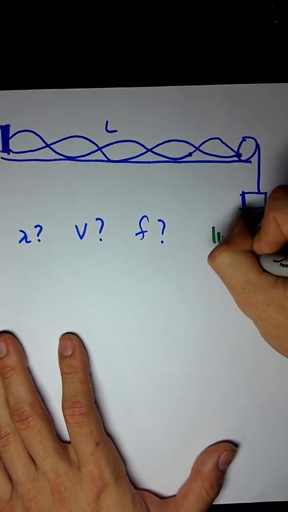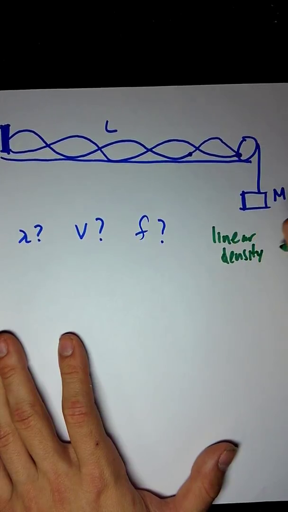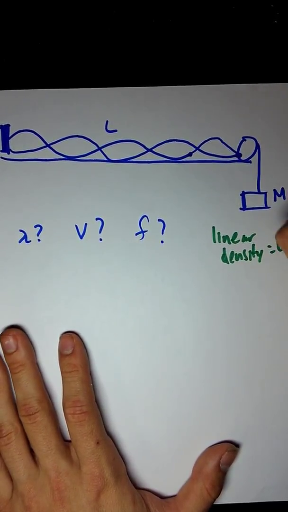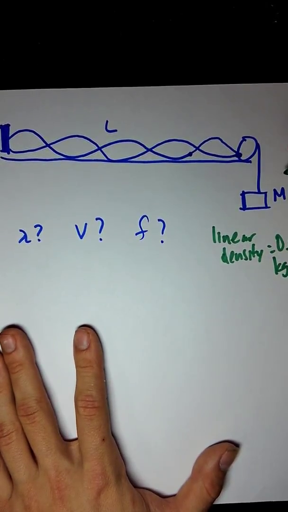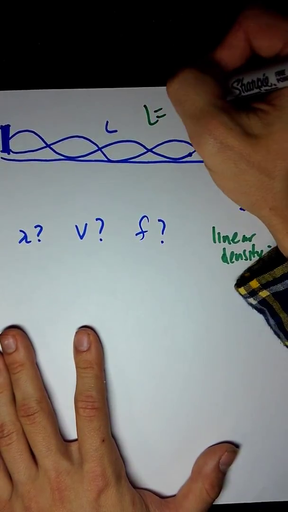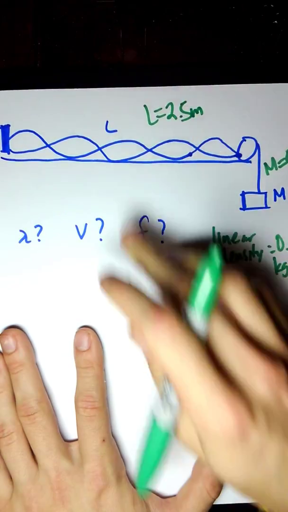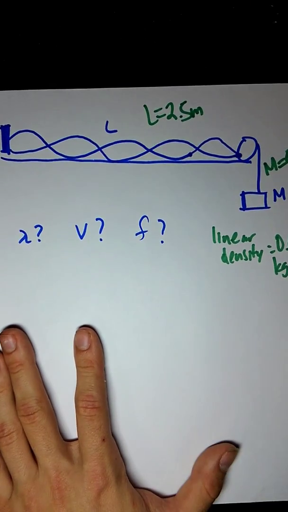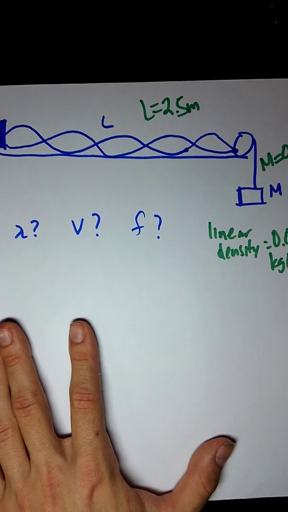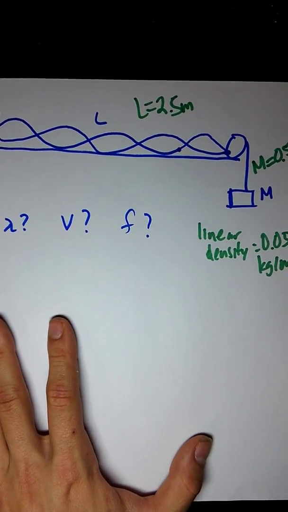So linear density they gave me is 0.05 kilograms per meter, okay? And then they also gave me the mass. This mass is equal to 0.5 kilograms, okay? And then they gave me length is equal to 2.5 meters. And everything's in meters and kilograms and whatnot, so we don't have to convert anything, okay? Everything's where it should be right now, okay?